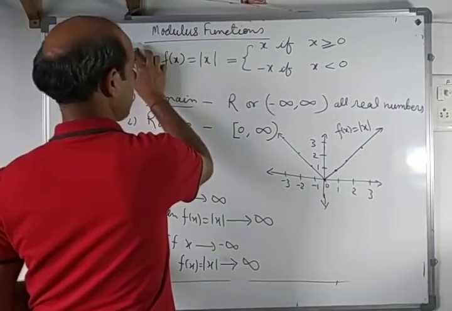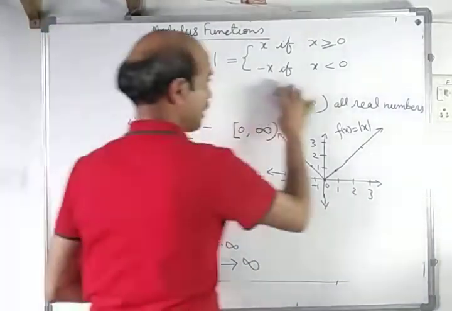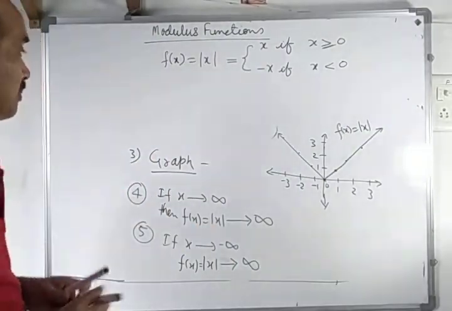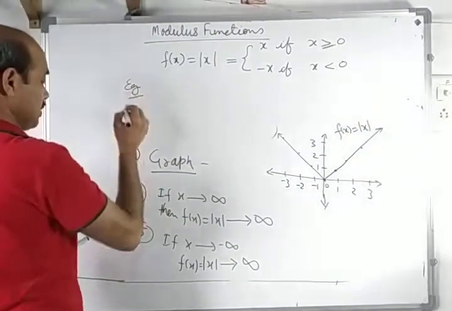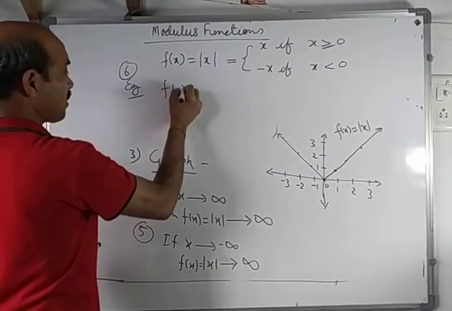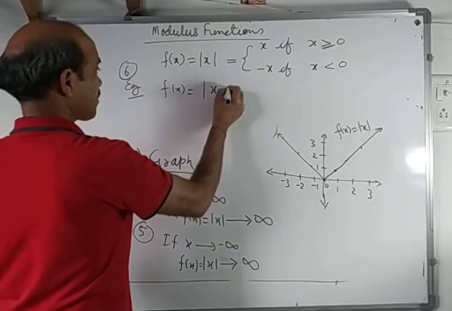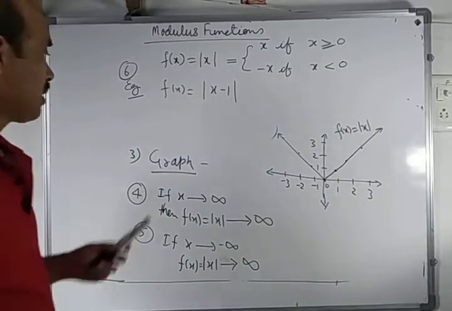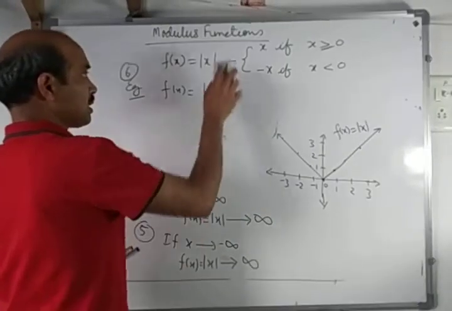Now some more functions which are based on the modulus function, like f(x) = |x - 1|. To know more about this function, we have to use the same definition.